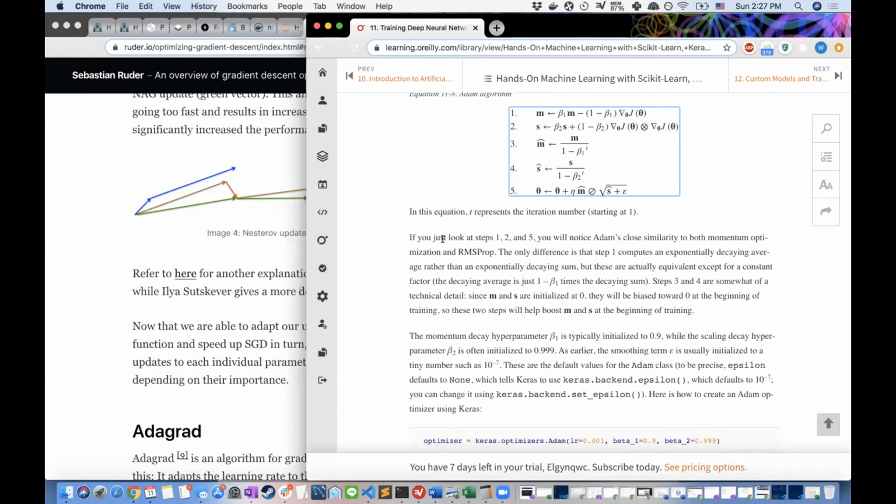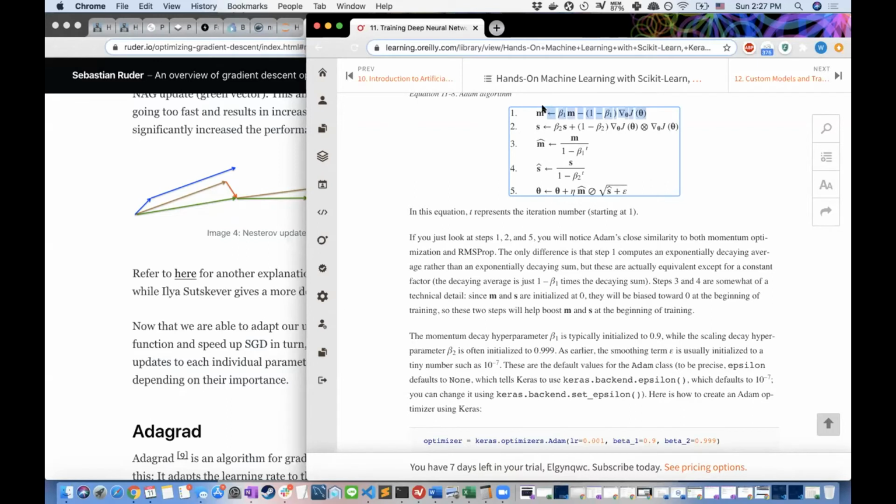If you just look at steps 1, 2, and 5, you will notice Adam's close similarity to both momentum optimization and RMS Prop. The only difference is that step 1 computes an exponentially decaying average rather than an exponentially decaying sum.